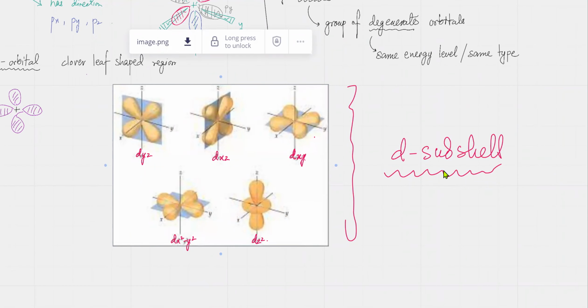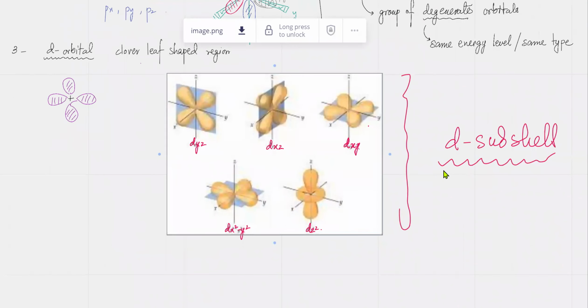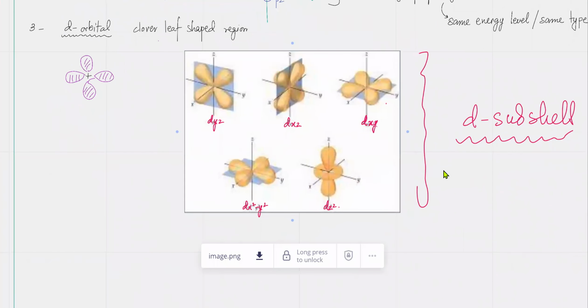And then you have an f orbital as well, which has 8 lobes. For the f, you pretty much don't need to know anything specific, because f orbitals appear in atoms that are really, really big. So I'll just quickly go through f.